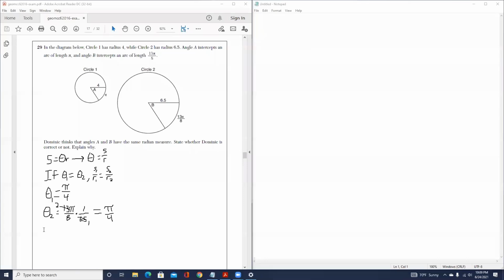The explanation is that Dominic is correct. The proportion of arc length to radius is equal for both circles.